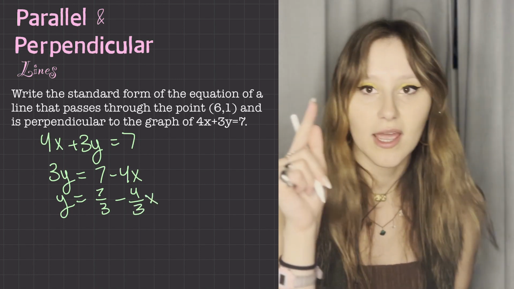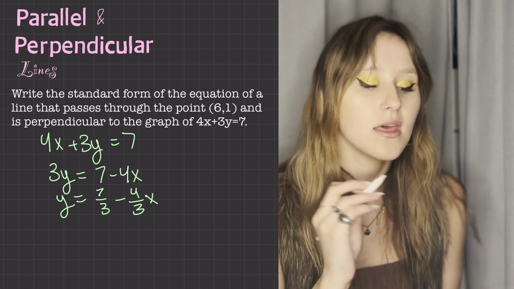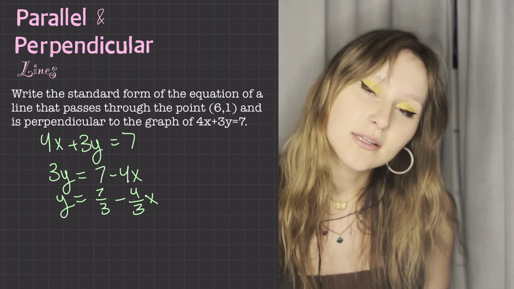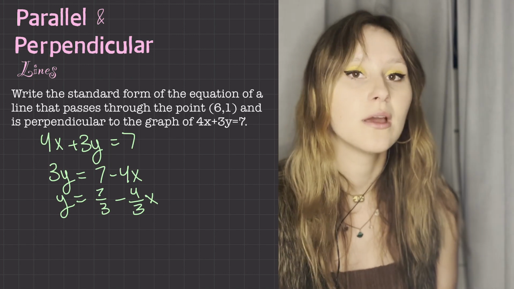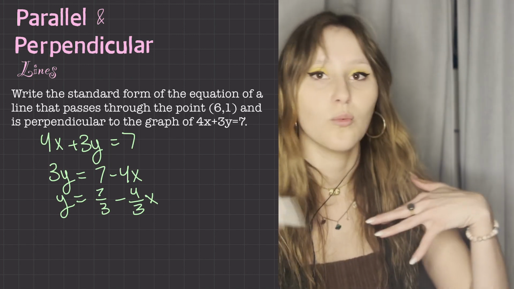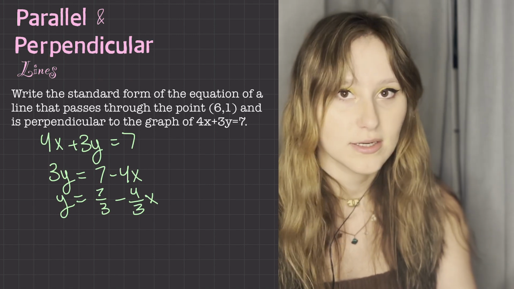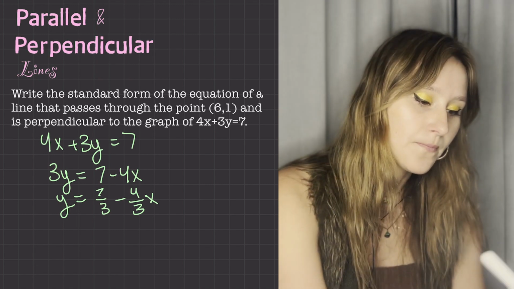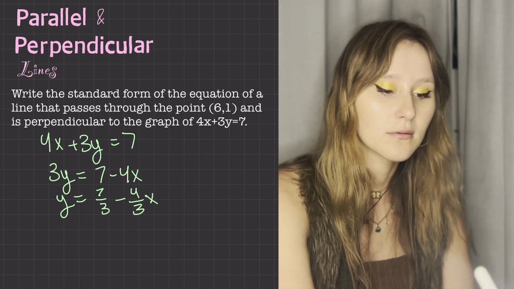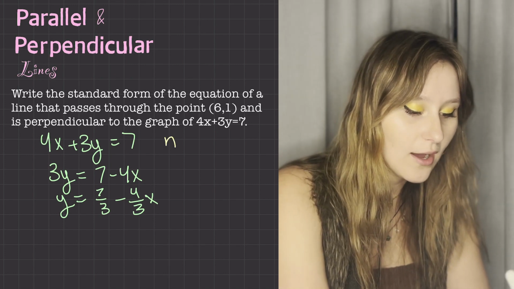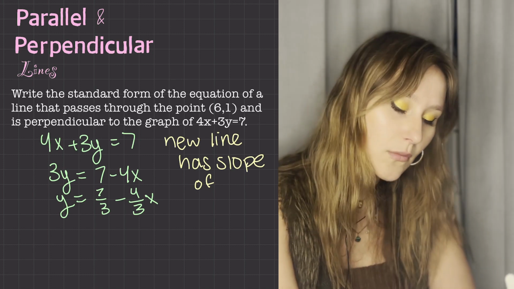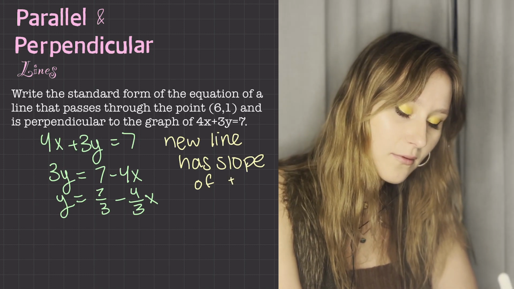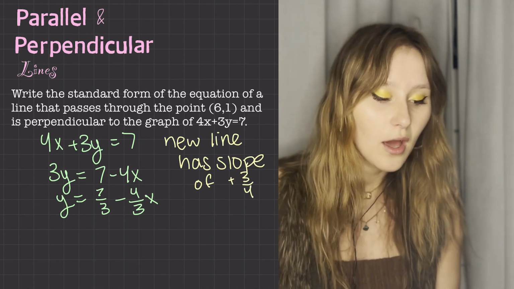The slope would be negative 4/3 x. Therefore, a perpendicular line to this line would be positive 3/4 x with any y-intercept, okay? So we know that our new line is going to have the slope of positive 3/4.